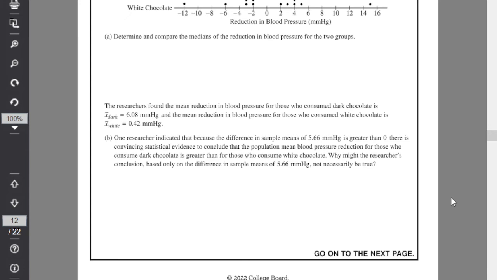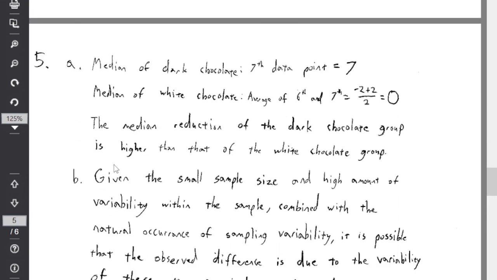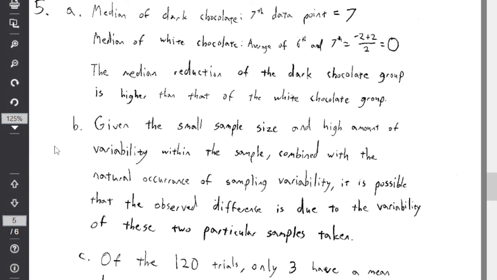Part B, just because there is a difference in the samples doesn't mean that we can automatically reject the null hypothesis and conclude that there is a difference. That's why the hypothesis test exists, because one of the possibilities is that we just happen to get a sample where that difference exists.